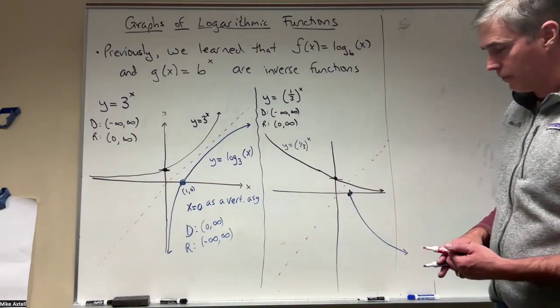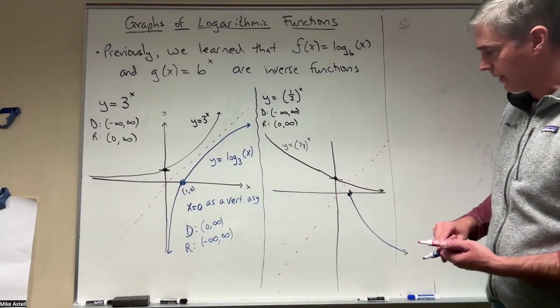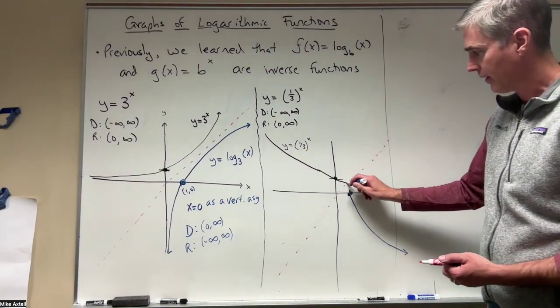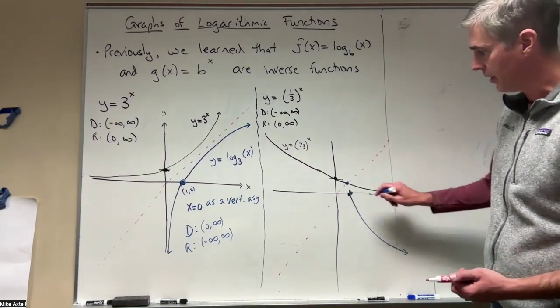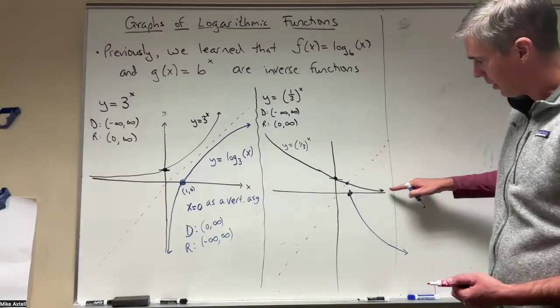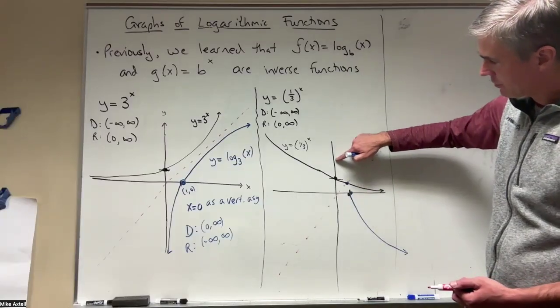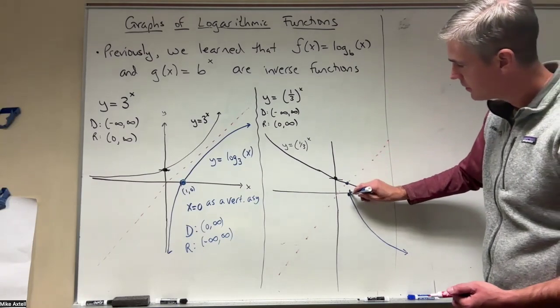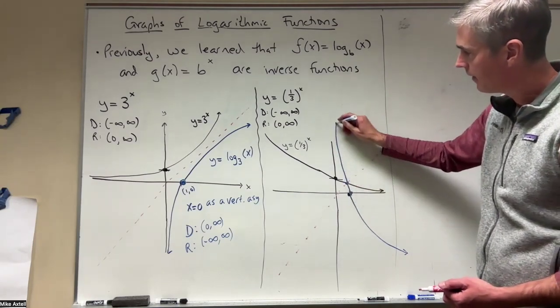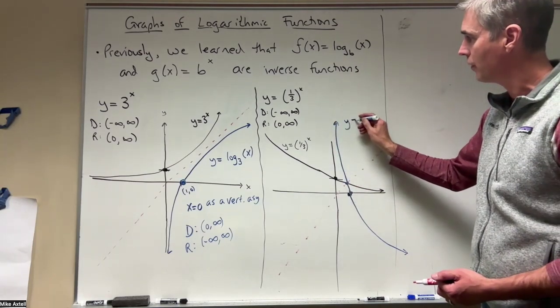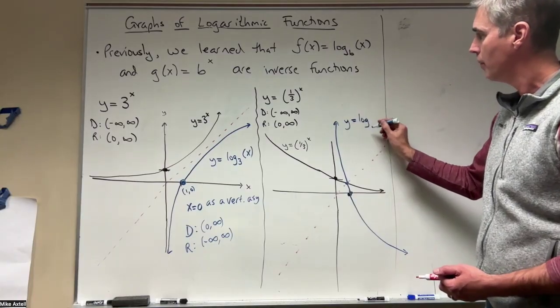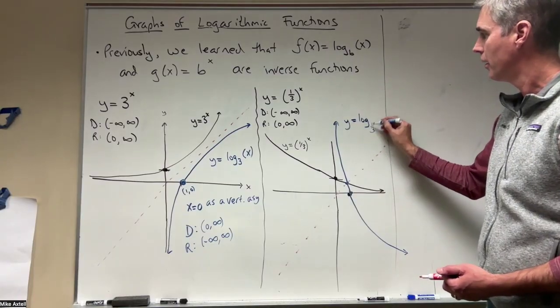All right. Now, where my black line crossed the red line, when it's right on the red line, flipping doesn't do anything. Keeps it there. And then this part, if I fold it over, it now starts to hug this. So here's the graph of y equals log base 1/3 of x.